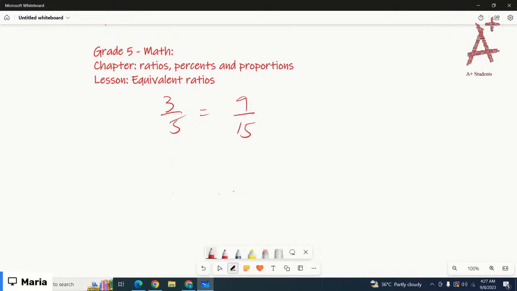Very good, they are equivalent. If you do 15 times 3, that is 45, and when you do 9 times 5, that is 45. So yes, they are equivalent. The correct option is yes, right?